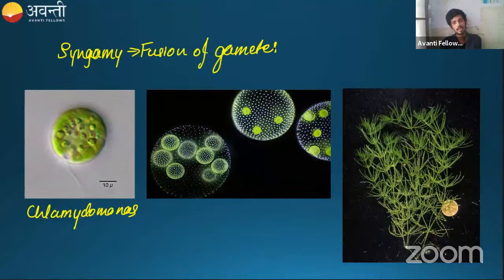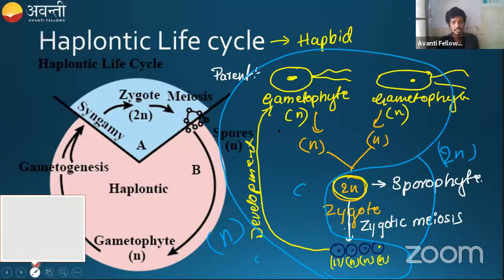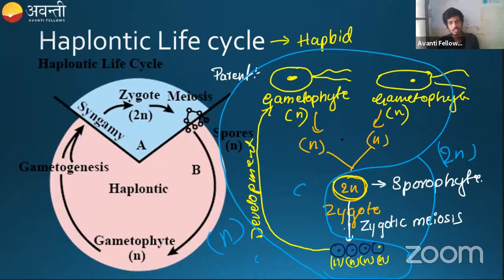One more time, I will repeat it. Remember here the major phase, the parents, will be gametophytes. They have the haploid chromosome number. Then these will produce the haploid gametes. I didn't mention the gametes, sorry for that, I will mention it here. These gametes will fuse and form the zygote, and this zygote is the only sporophyte stage.